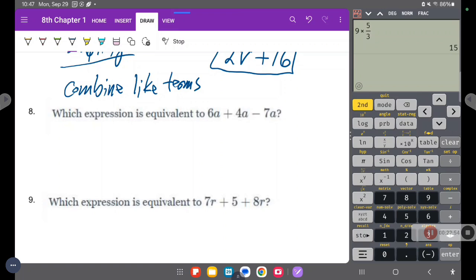Okay, why not 17? You add these together, but what do you do with that one? Is that a plus? Pick up your calculator. This is 6 plus 4. Then you have to do what? What is that right there?